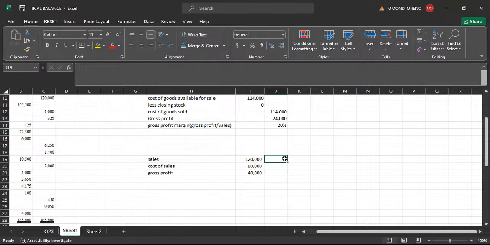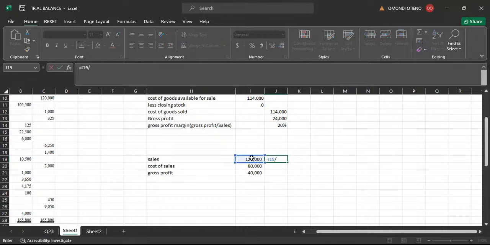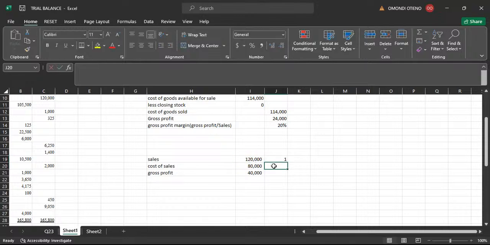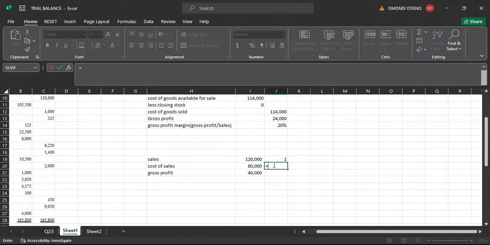If I want to get the ratio, let's check the formula for our gross profit margin. It is gross profit over sales.